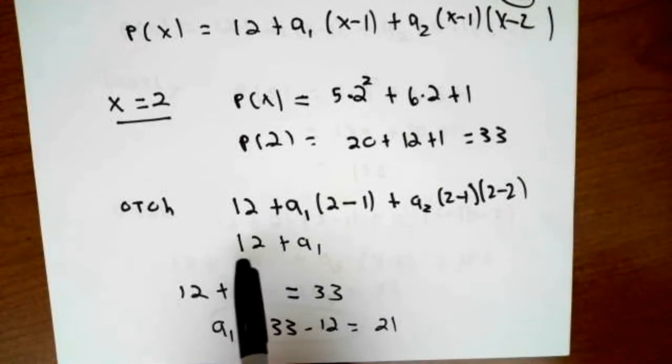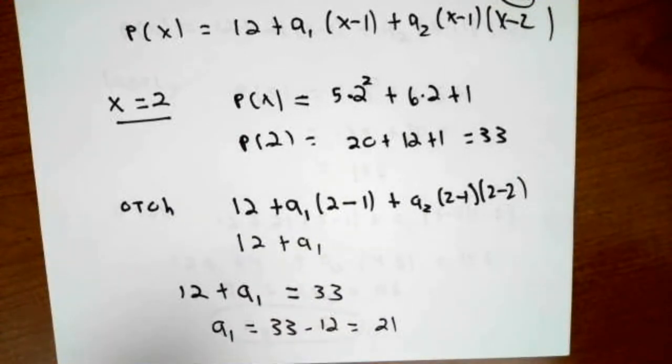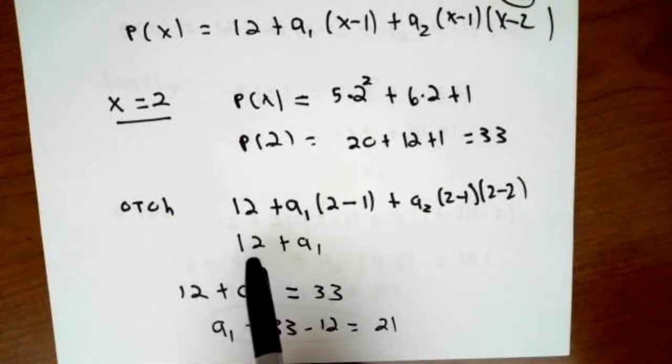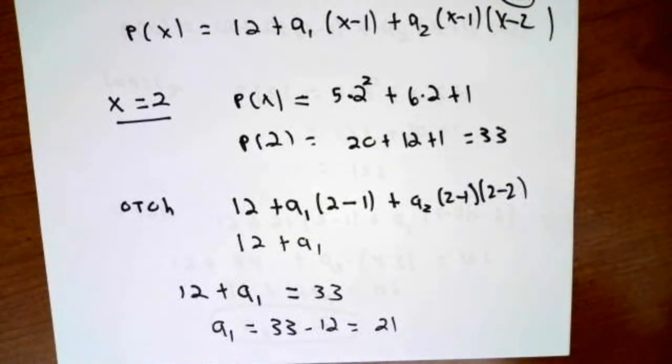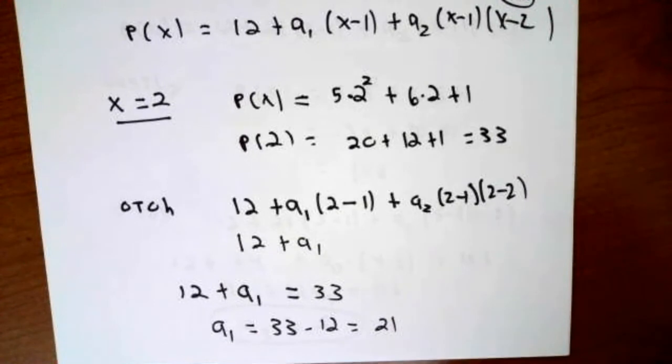This simplifies down to 12 plus a1, and I want that to be the same function value that I got out of the original polynomial. And after doing a little bit of algebra, it turns out that a1 needs to be 21.